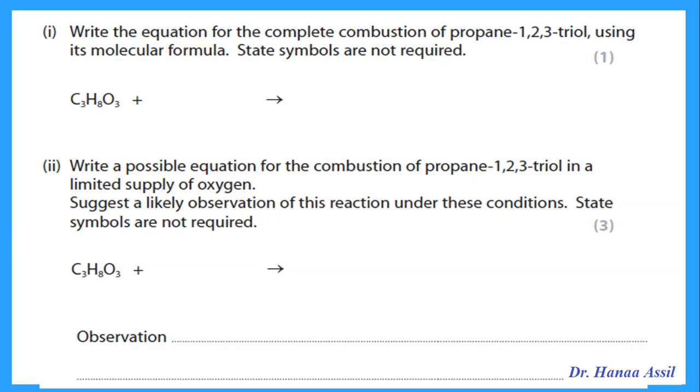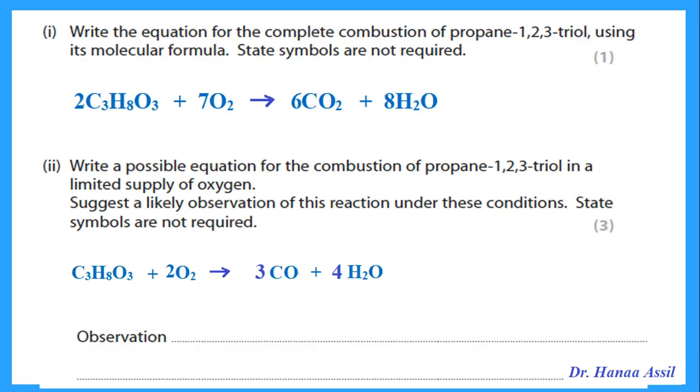Again, write equation for complete combustion of propane-1,2,3-triol using its molecular formula. Again, if we have complete combustion, this gives carbon dioxide plus water, and we balance. Write a possible equation for combustion of propane-1,2,3-triol in limited supply of oxygen.